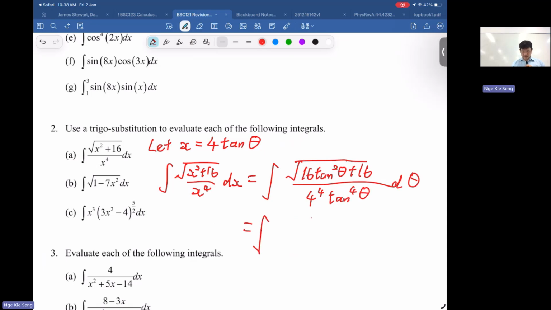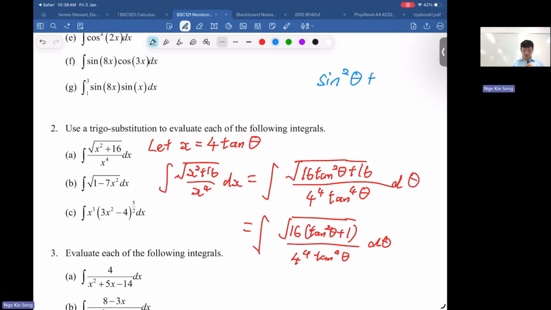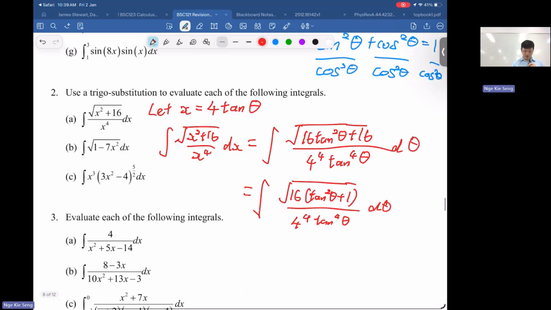And then what's this trigo identity here? Tangent square theta plus 1. Anyone know? Secant squared. So this started with sine square theta plus cos square theta equals 1, right? So you need to create this tangent, so you divide everything by cos squared theta. So you get secant square theta. So actually you get secant theta after taking the square root, over 4 to the power 4 tangent 4.